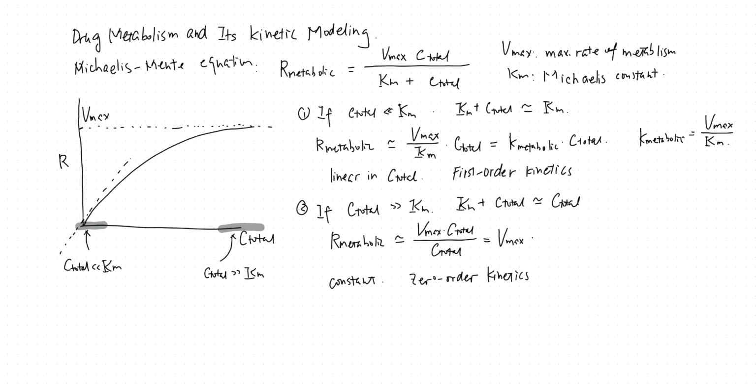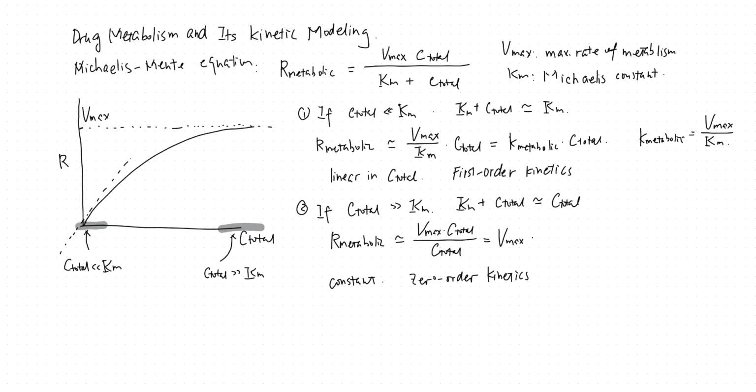So the metabolic rate saturates. That means at an extremely high concentration of drug, the body can only work at a rate of Vmax. That means when people prescribe a dosage of drugs, they need to be careful. If a drug is persistent in the body for a long time, it may be harmful for the body.